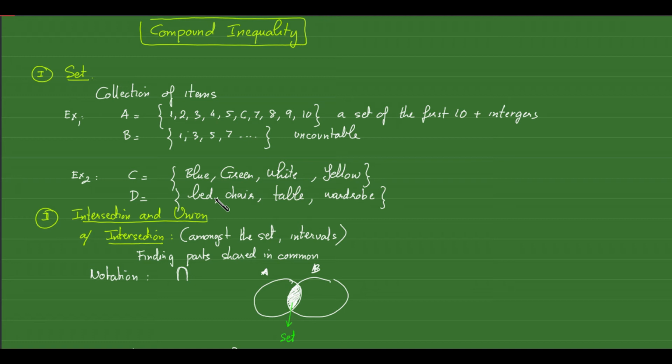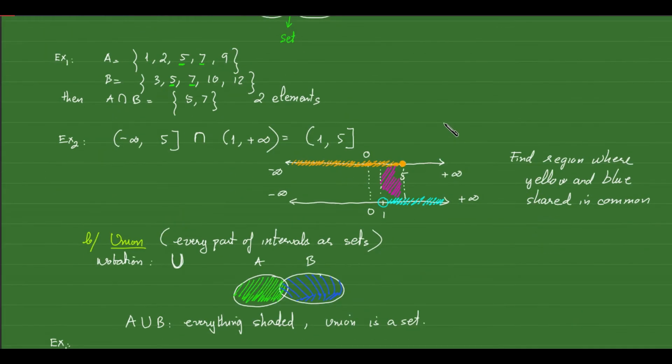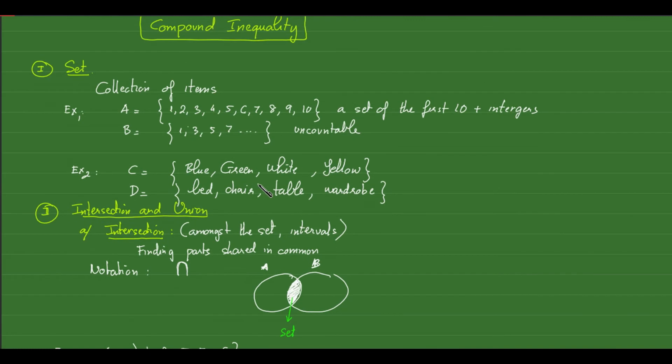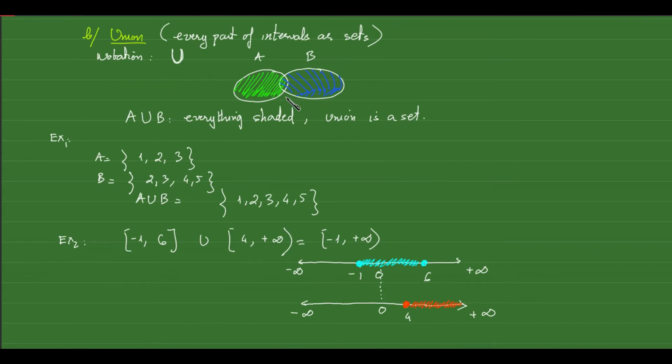It means that we have to find the intersection between two inequalities. All right. Now let's start with our third part, Roman numeral three: compound inequality.